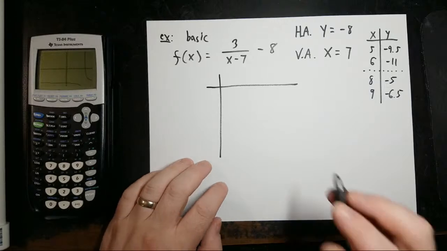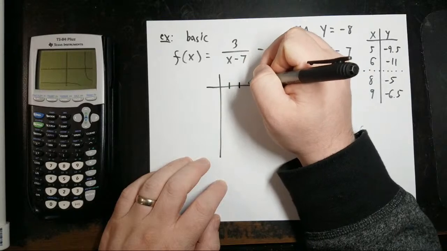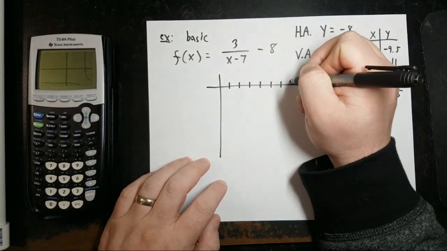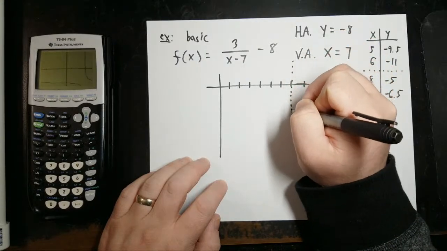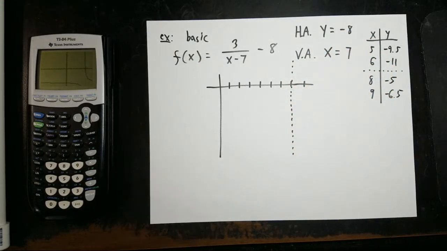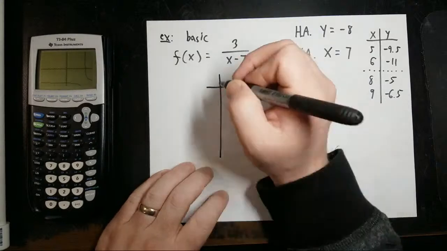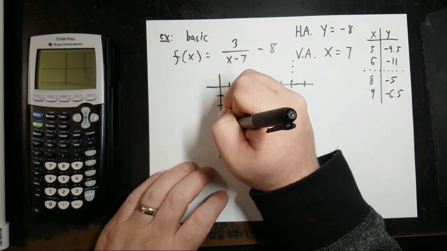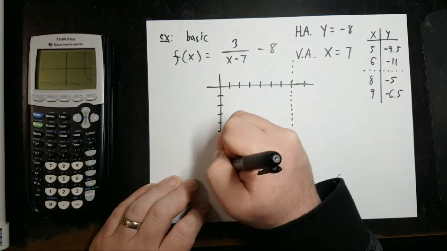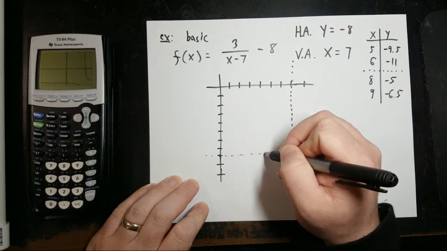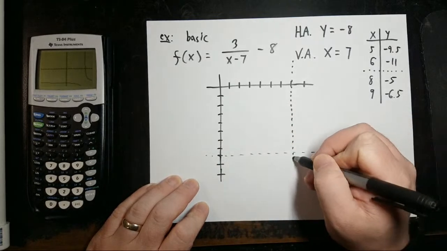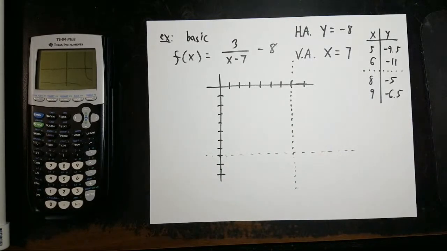All right, I'll put some points in. 1, 2, 3, 4, 5, 6, 7, 8. There is my vertical asymptote at x equals 7. 1, 2, 3, 4, 5, 6, 7, 8, 9, 10. There is my horizontal asymptote at y equals -8.